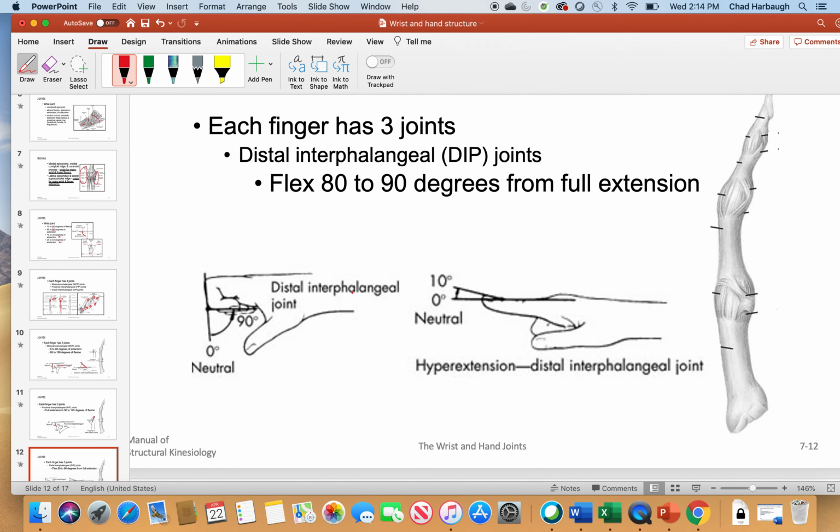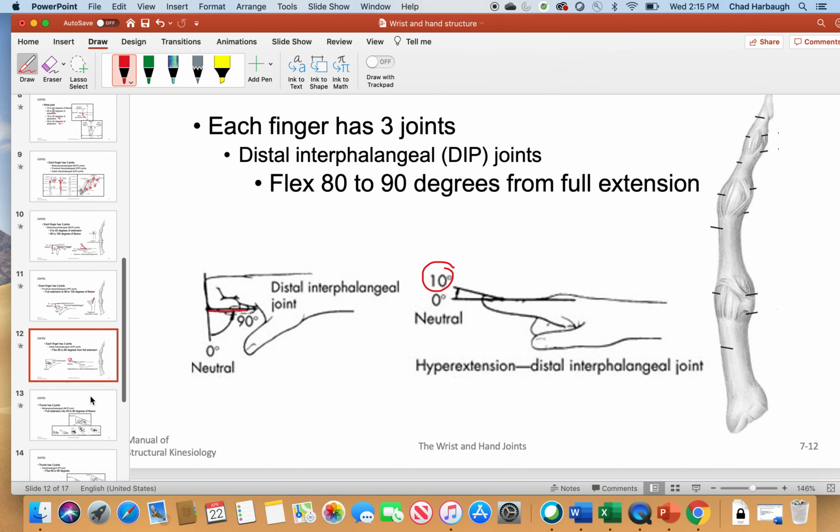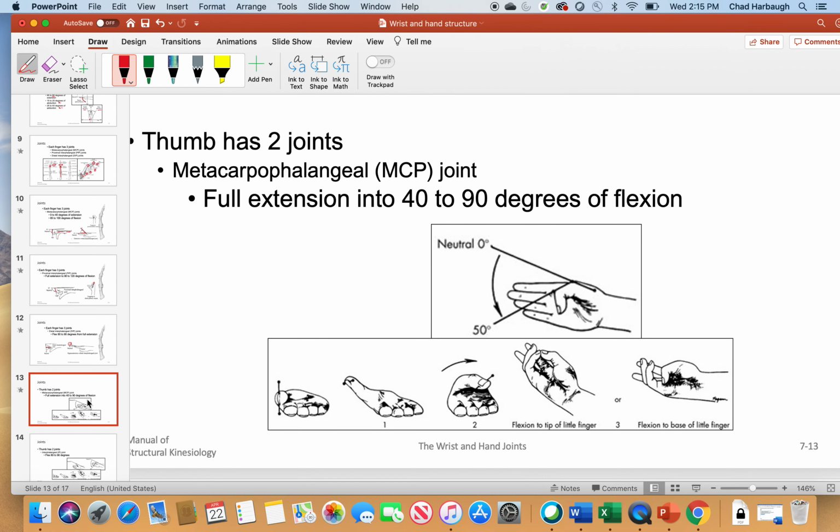And then the distal interphalangeal joint has the ability to go into 90 degrees, but more importantly, it has the ability for a little bit of hyperextension, 10 degrees. This hyperextension plays a role with grasping objects with the phalanges or the fingers.